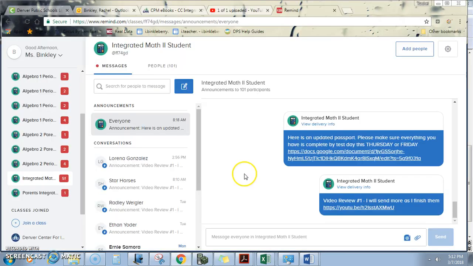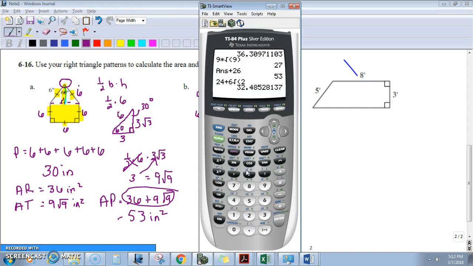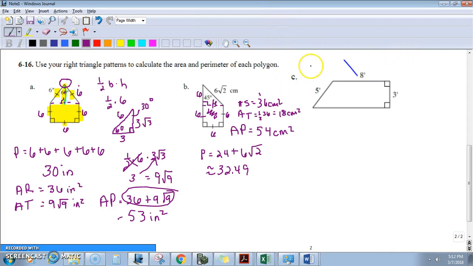Was it 32 or 34? 32. Good. All right. Then we have this one over here, this last polygon. So I'm going to draw down the other side of this rectangle, which if this side is 3, then this side must also be 3.